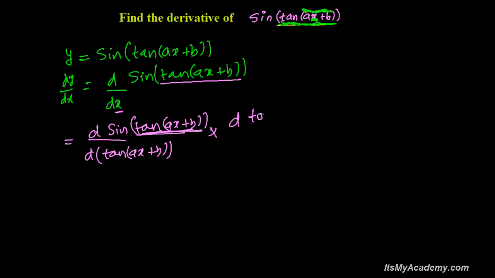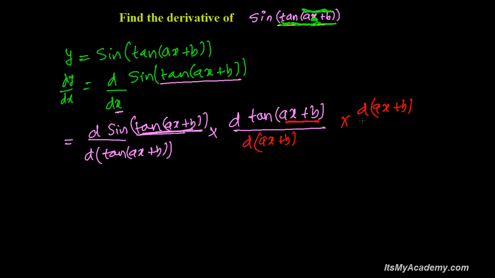So derivative of again tan ax plus b, and see, surprising thing, tan has power 1, it means again we have to differentiate with respect to its angle, and its angle is ax plus b. For that I divided by this quantity, so I have to again multiply with the same quantity ax plus b here. And now this quantity I can easily differentiate with x. This is a simple algebraic function whose variable is x, and we're differentiating with x.